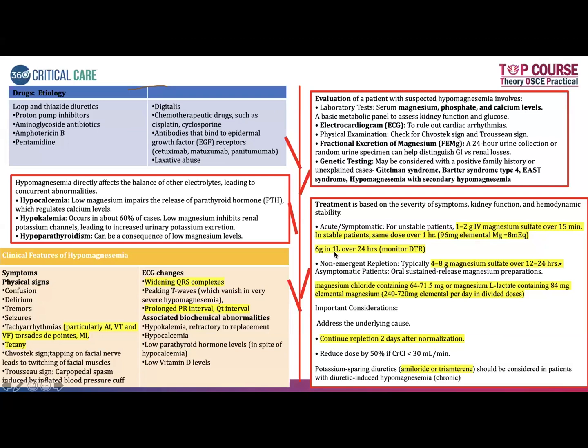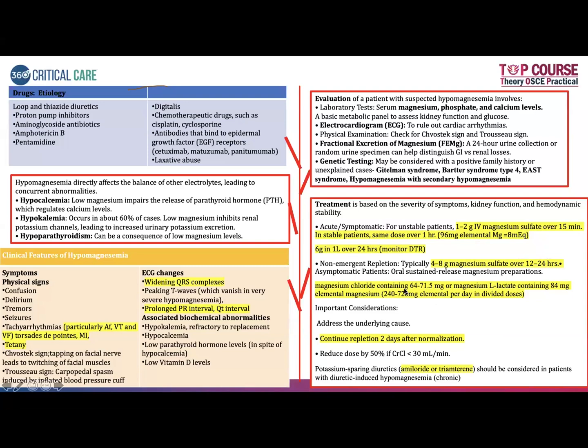So 6 grams in 1 liter over 24 hours can be given for severe symptoms. But when you're giving this, always monitor the deep tendon reflexes. Non-emergent, you can give 4 to 8 grams over a period of 24 hours.